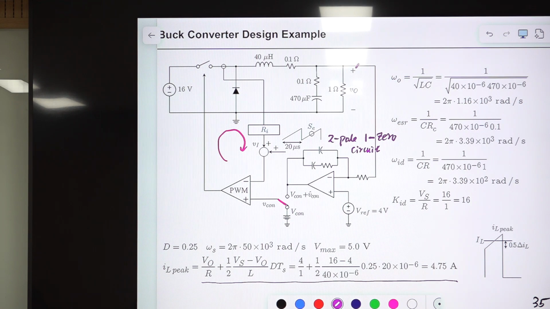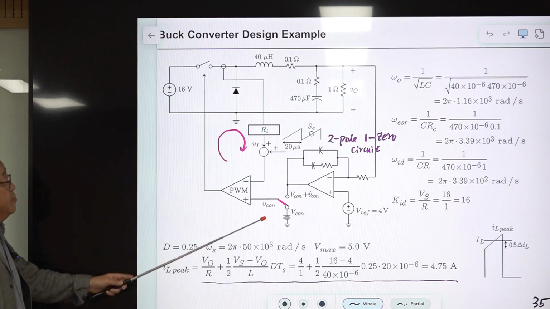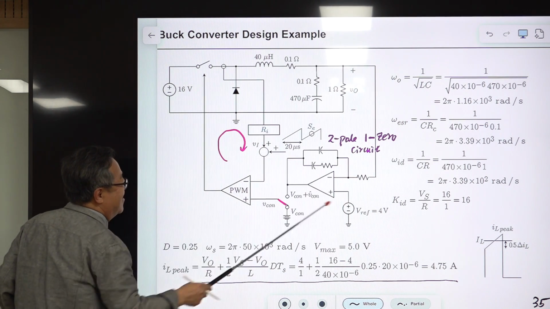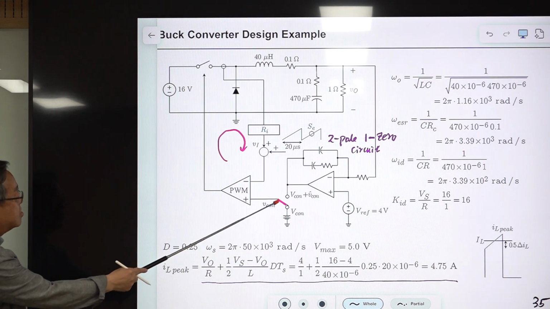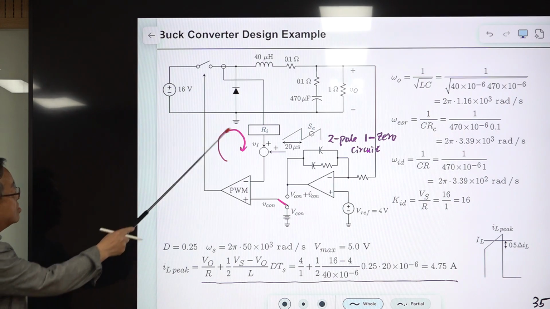So effectively, you don't have to cut here. This one is okay, but they are disconnected in the small signal sense. The DC value of this is provided here, and this is the current loop.